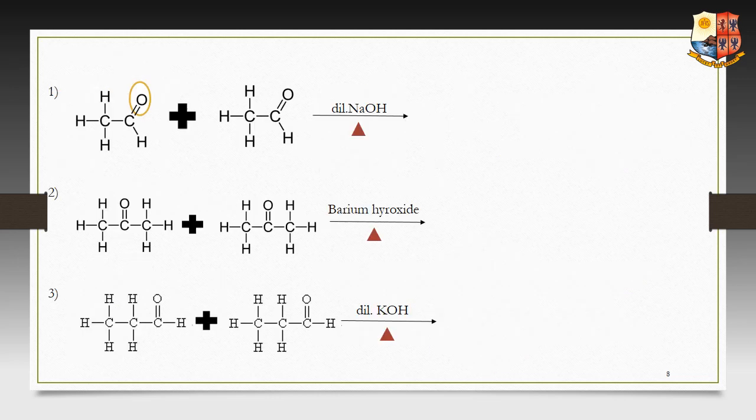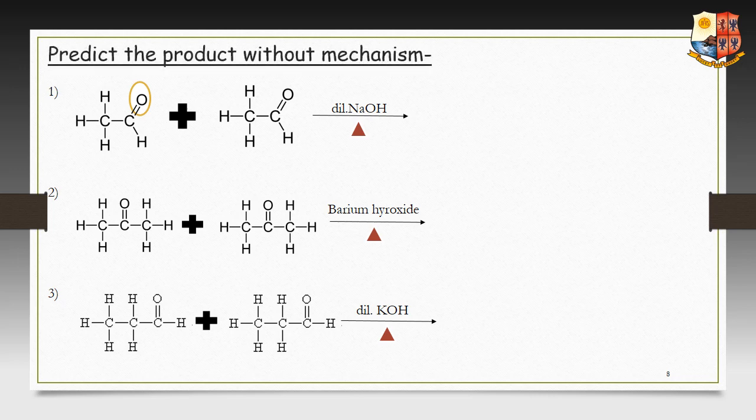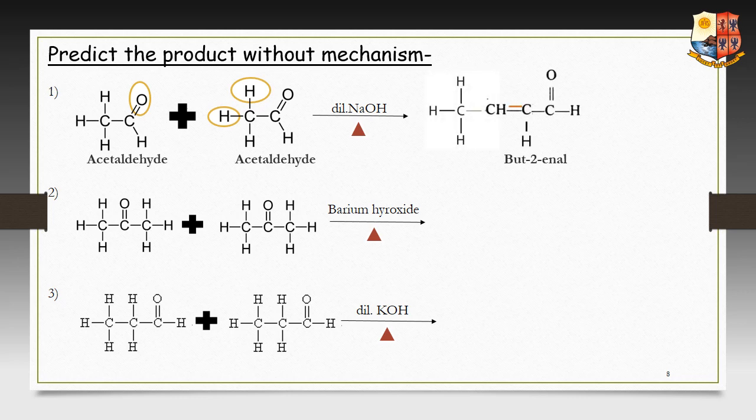Now, besides this mechanism, there is a simple, easy trick to predict the product without doing the mechanism, and that is by removing the oxygen of the first reactant molecule and 2 alpha hydrogens of the second reactant molecule to form the product. In case of acetaldehyde, it is but-2-enal.